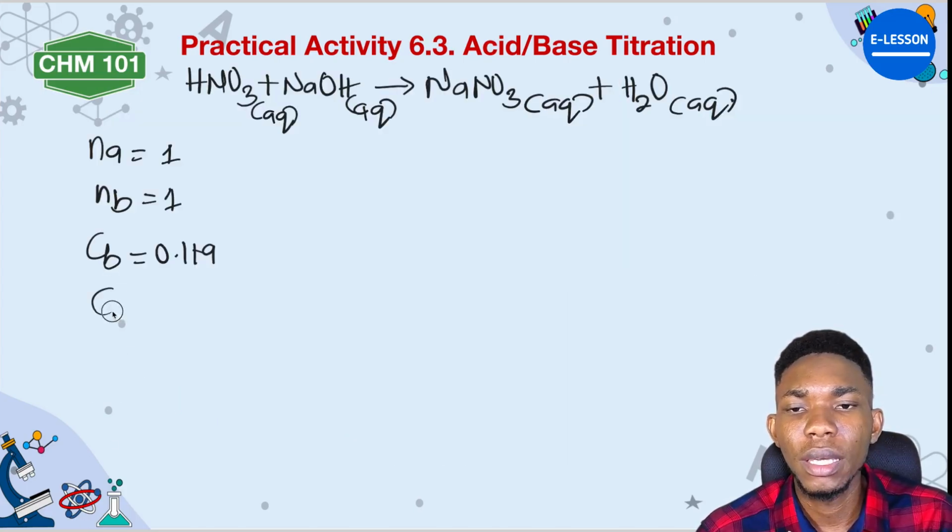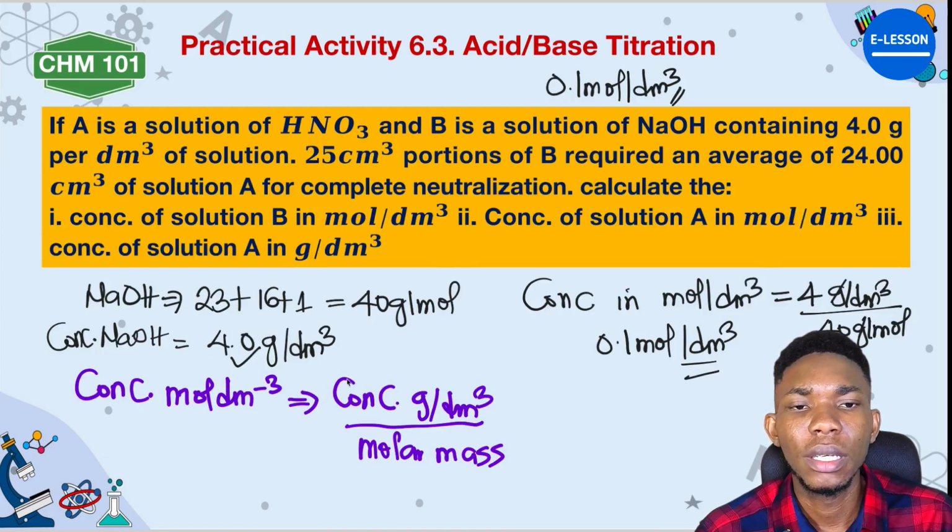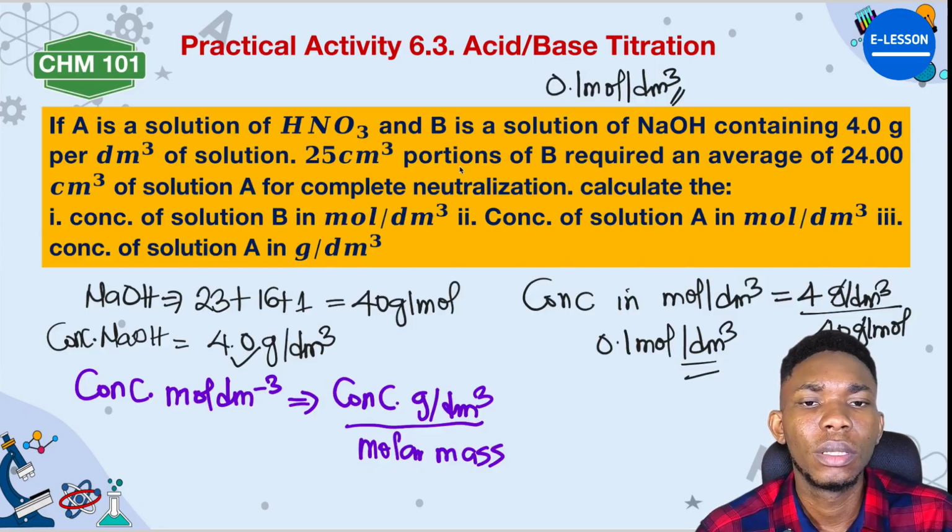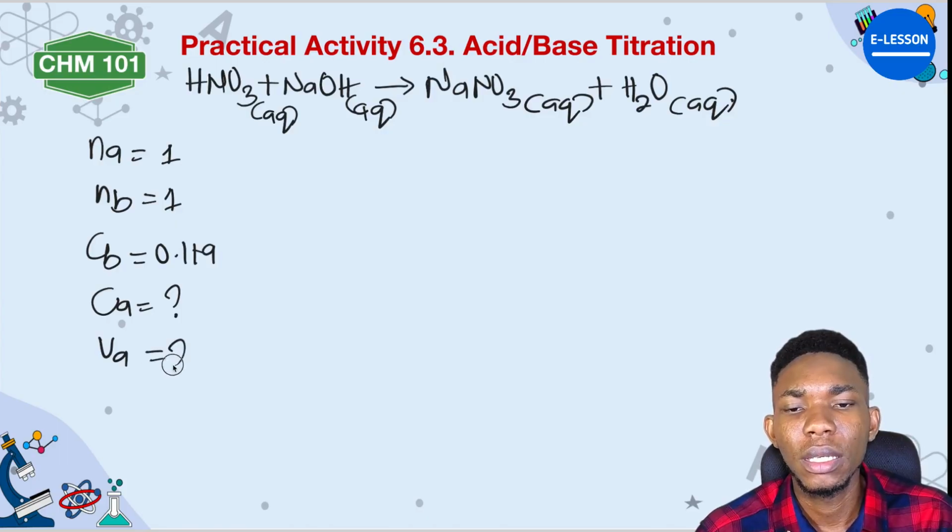So Ca is unknown. What about Va? They were given the volume. 25 portion of B required an average of 24 centimeter cube of A. So Va is 24.0 centimeter cube, Vb is 25.0 centimeter cube.